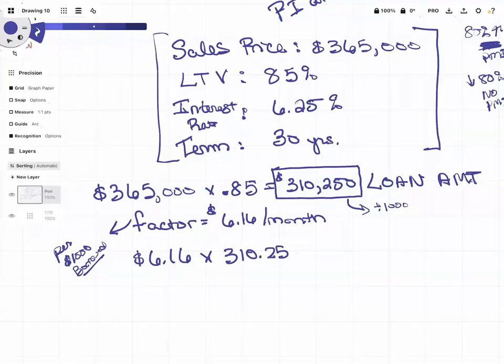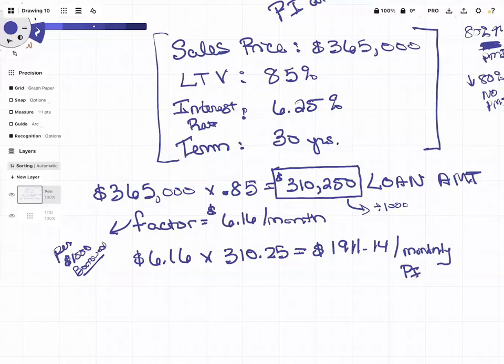You're perfectly right. So 6.16 times 310.25. What'd you get? 1,911.14. That's your monthly P&I. Well, there you go.